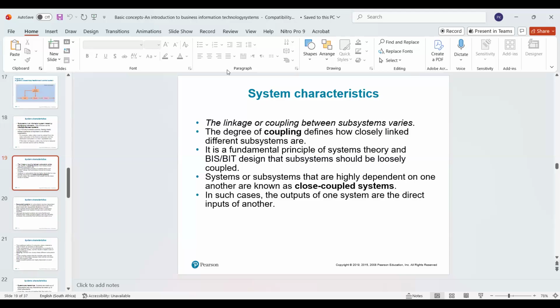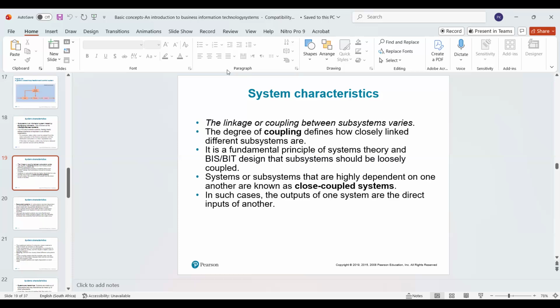It is a fundamental principle of systems theory and BIS or BIT design that subsystems should be loosely coupled, not closely coupled or linked together. So systems or subsystems that are highly dependent on one another are known as what? Close coupled systems.